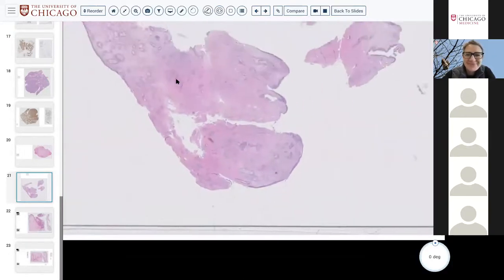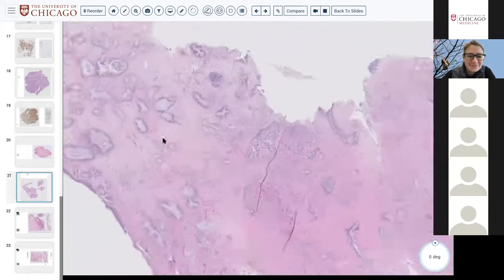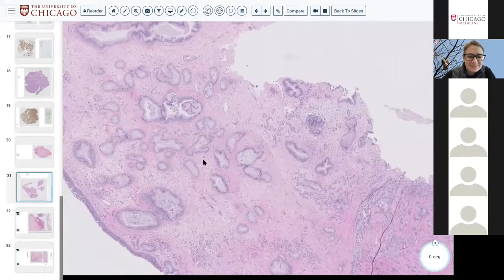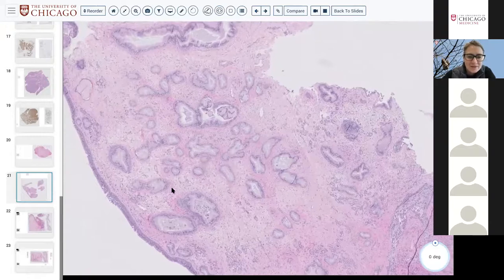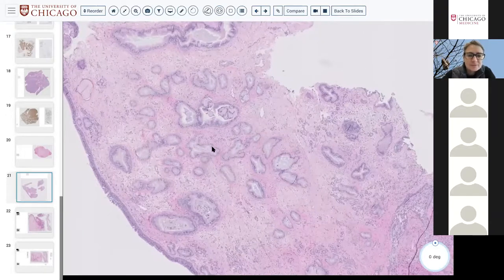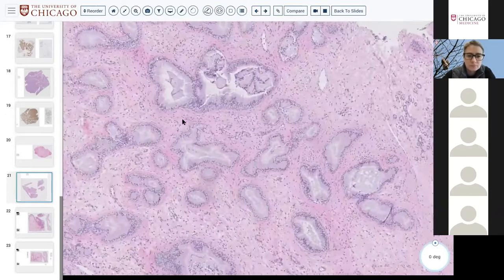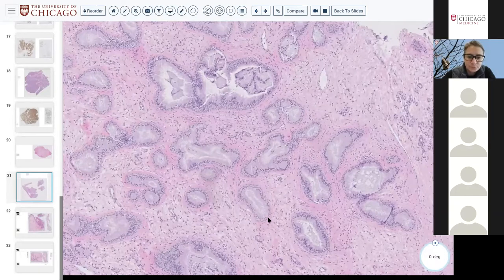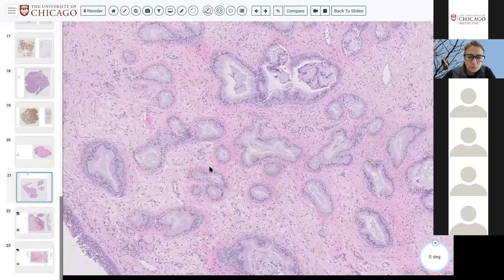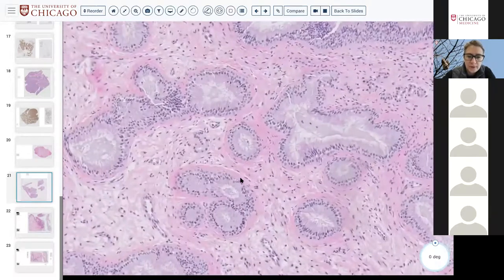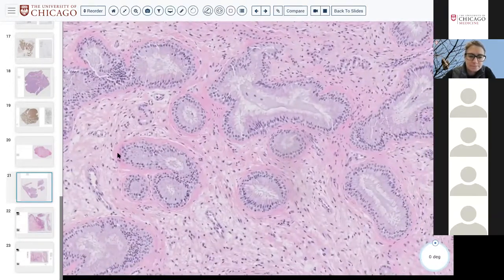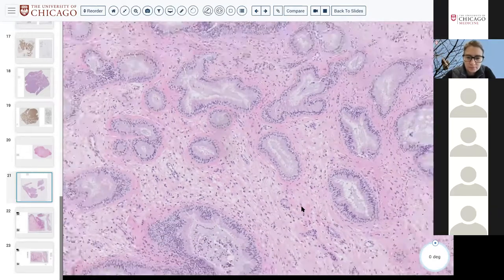And the features that I would expect, well, one is that invagination from the surface epithelium into the submucosa, and the goblet cells within the glands. And the increased stroma, the fibrosis that separates these glands.